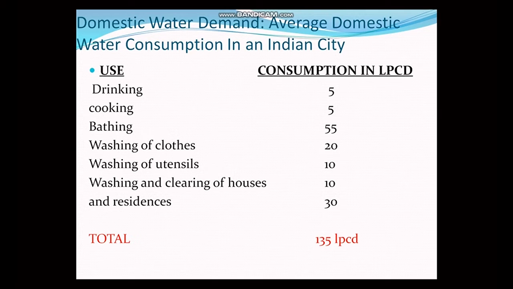Altogether, the daily domestic water consumption is around 135 LPCD, that is 135 liter per capita demand, which is required for the daily purposes per head. Please keep in mind that this 135 LPCD is required per head on a daily basis.